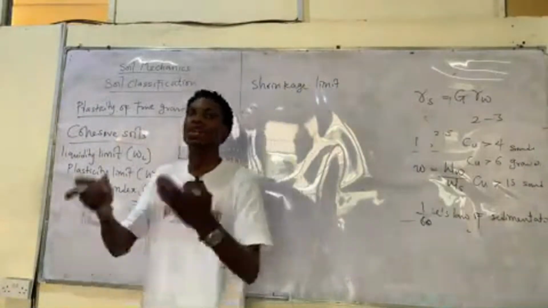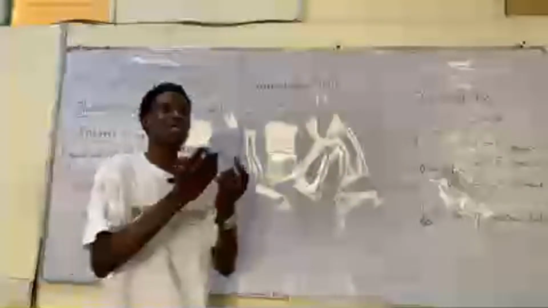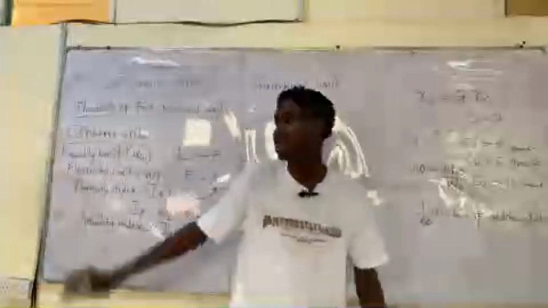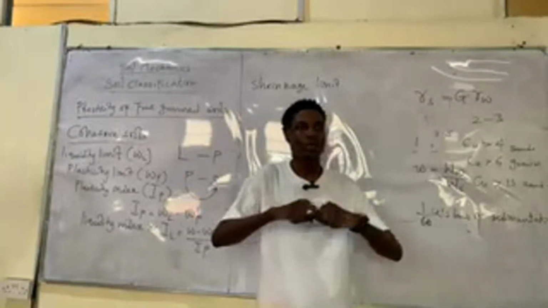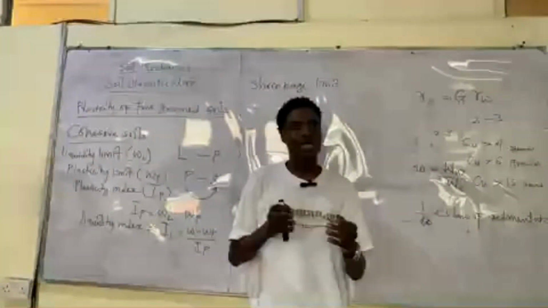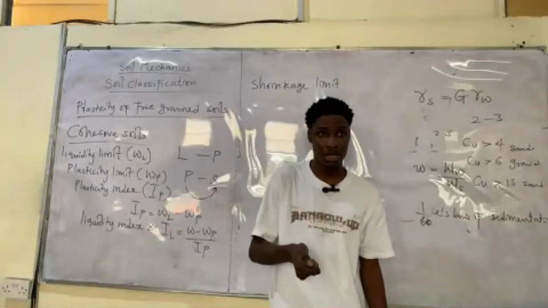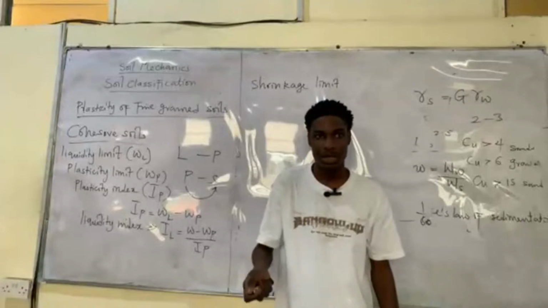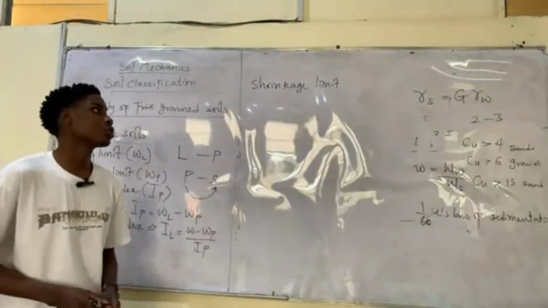Just put it in your own grammar, because that's what I'm doing. It has already reached the plastic limit, but it is not yet brittle enough to break. At that point the volume reduces gradually until it gets to the brittle nature. So that is the shrinkage limit.